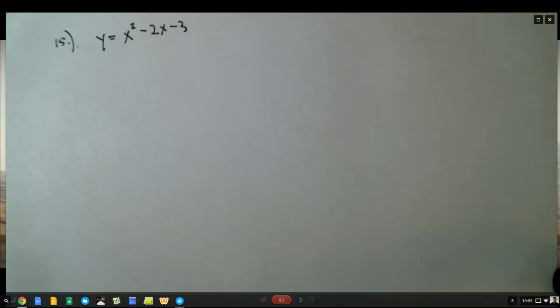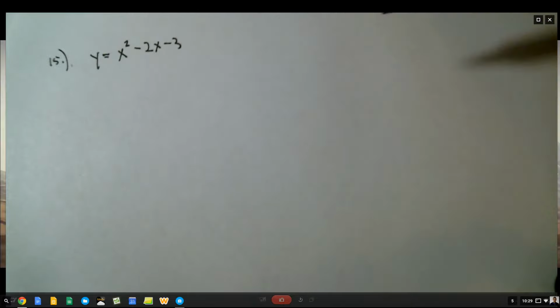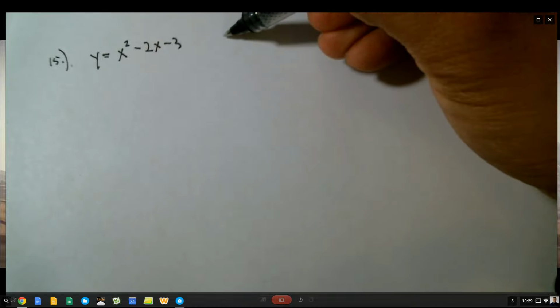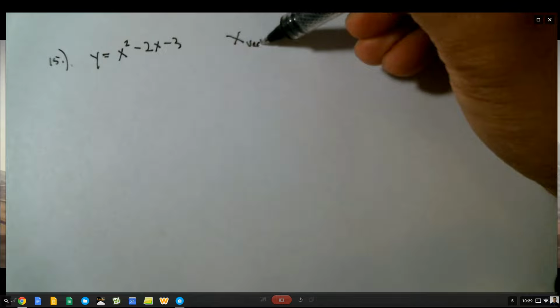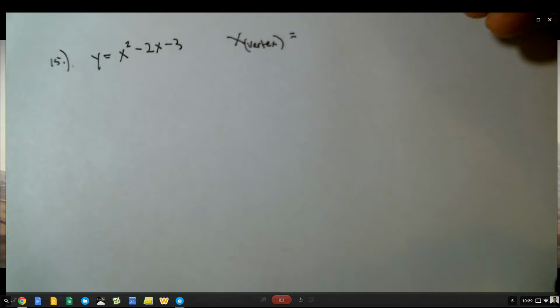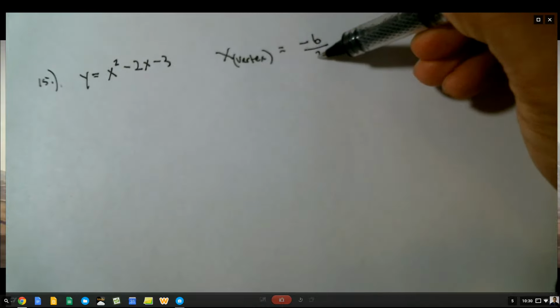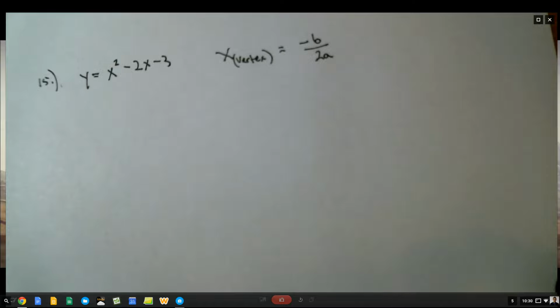So vertex. This is not in vertex form, so we cannot tell what the vertex is just by looking at this equation. So how do we get the vertex for this quadratic equation? Well, we know the x portion of the vertex. I'm going to just write the x portion. The x coordinate of the vertex, we can get by using negative b over 2a. So let's do that.